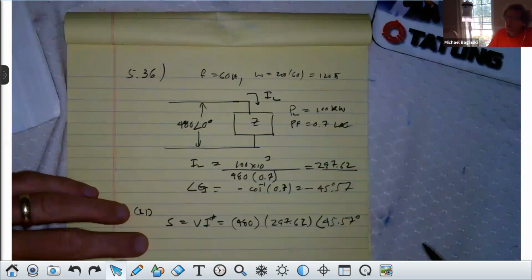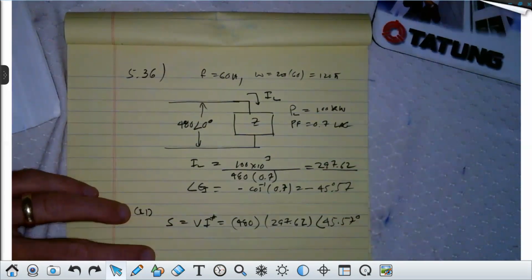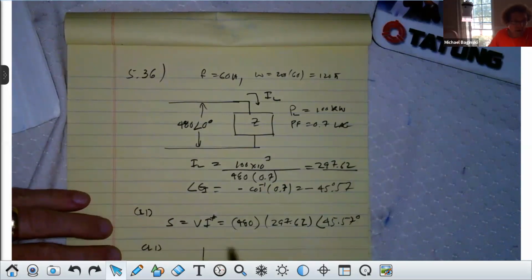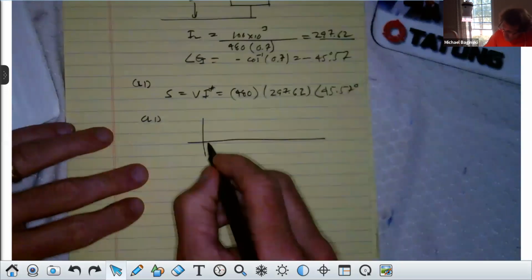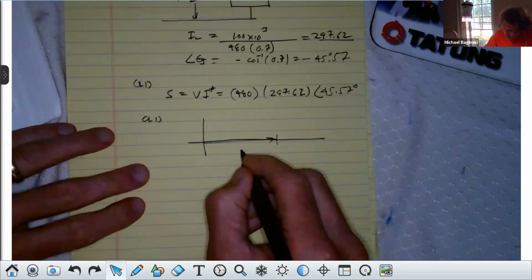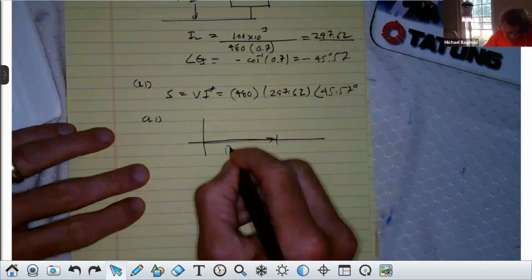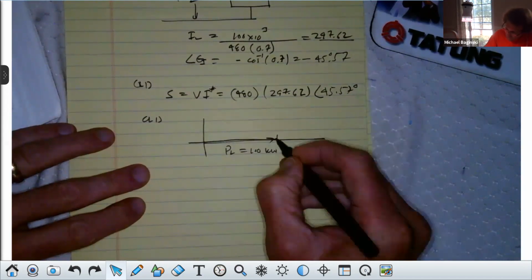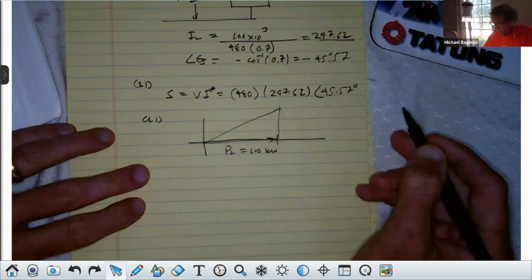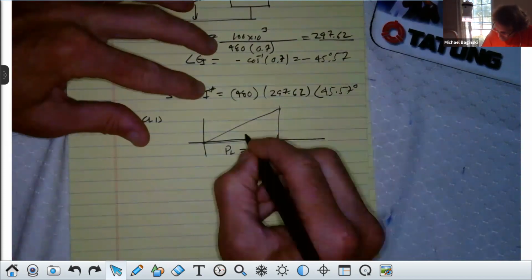Yes. All right, now we draw the power triangle and put old here. This is the old power triangle. When we draw the power triangle, we're going to have the real power on this axis. This is the real power, which is 100 kW. Then this is the angle, which will be 45.57 degrees.